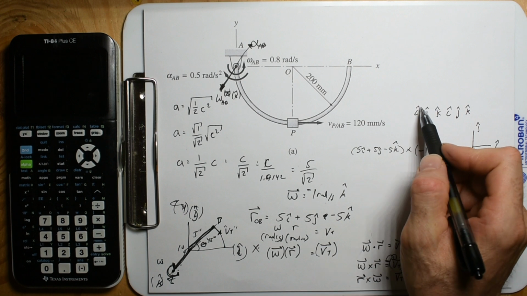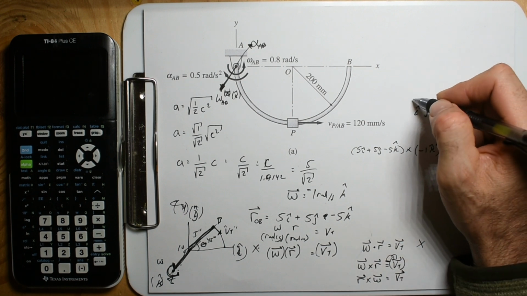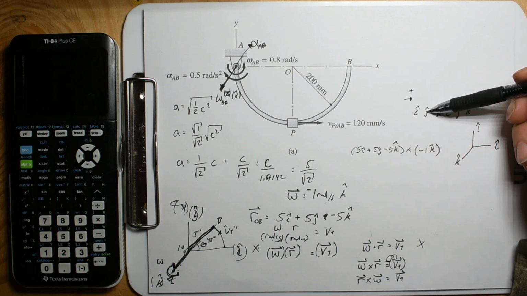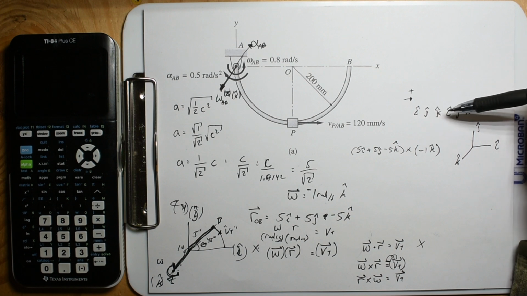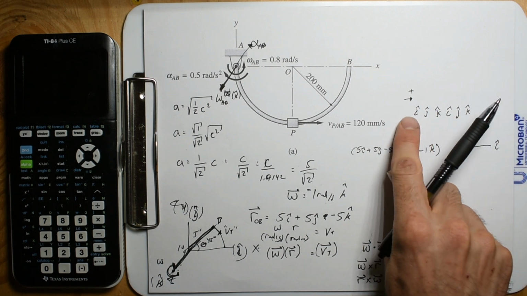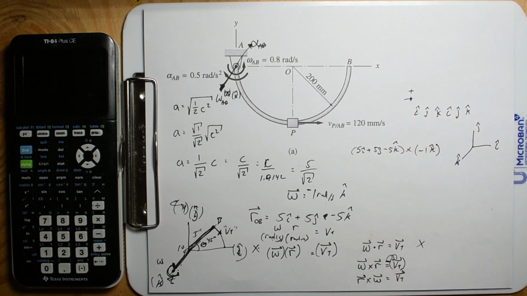When you cross i into j, you get a positive k. If you go this direction, it's positive. So i cross j gives you positive k. j cross k gives you positive i. And k cross i gives you positive j. I would write it twice because it loops around, so k cross i gives you that positive j.